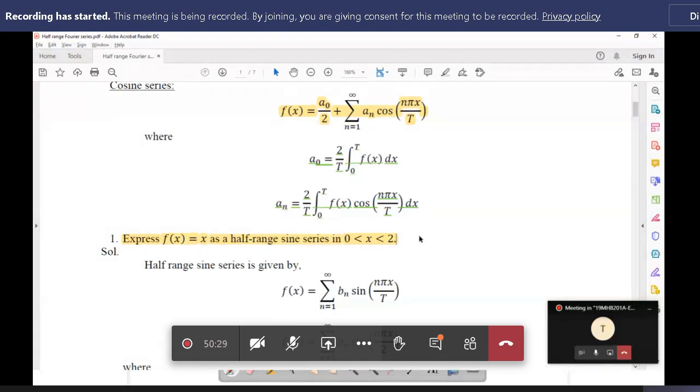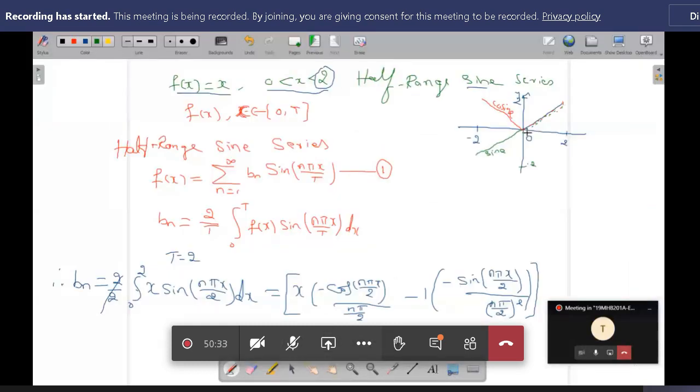So what I explained in the graph is, forget about the question, whatever the given function, if you wish to express it in the full range sine series, then it looks like an odd periodic extension.